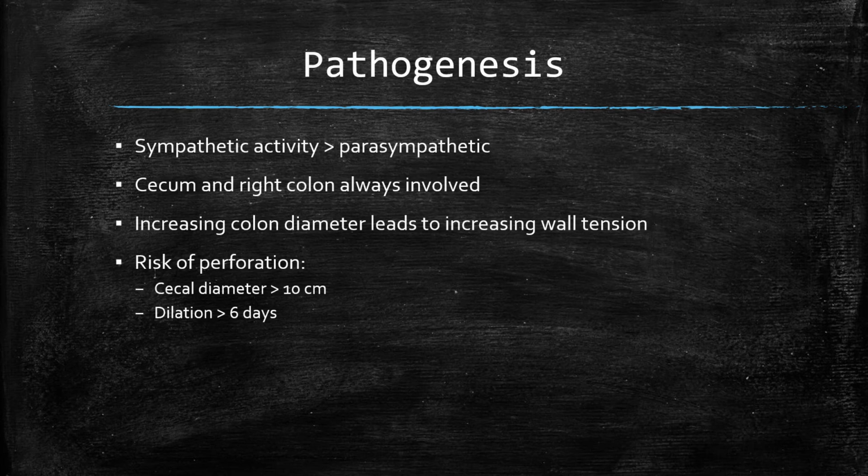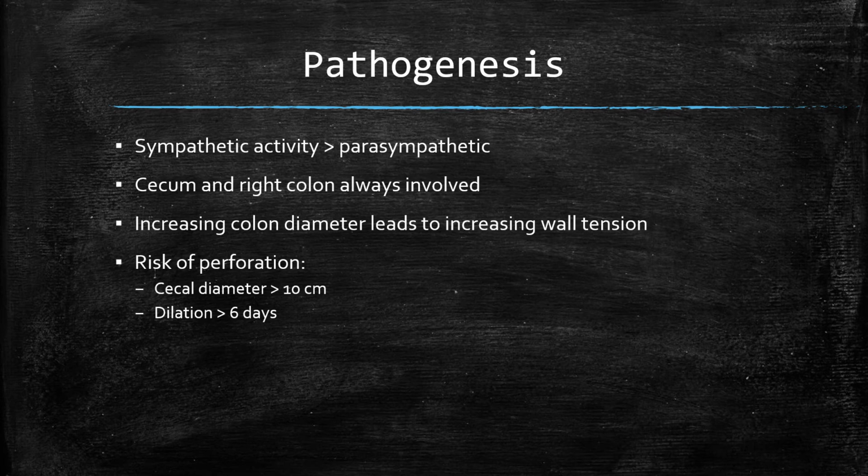The exact etiology of Ogilvie syndrome is unknown. It's hypothesized that sympathetic overactivity overwhelms parasympathetic activity. Sympathetic activity decreases bowel motility while parasympathetic activity increases it.